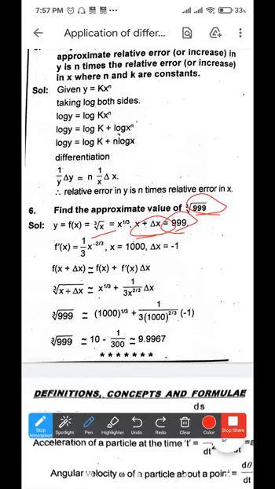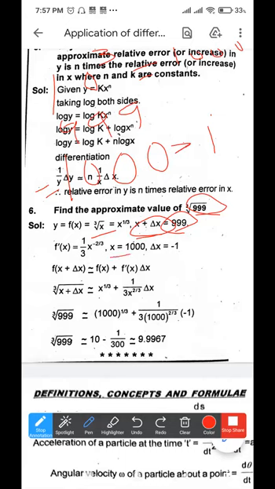The nearest cube is 10 cube, that is 1000. 999 can be written as 1000 minus 1. X is 1000 and delta x is minus 1.